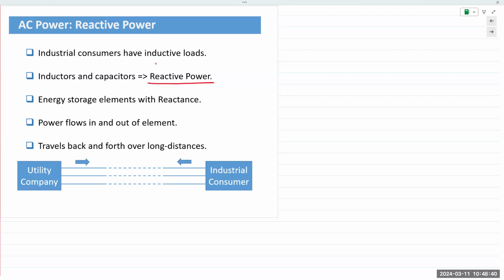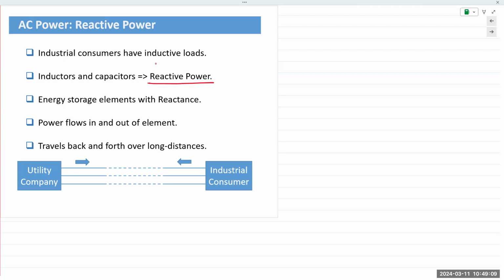This reactive power has a physical basis in real life. Okay, it is real. Similar to reactance, this reactive power is also real. But we use the imaginary number for the mathematical representation. So if you ever read or hear the words imaginary power or imaginary reactance, it is a mathematical reference. It still has a physical basis.